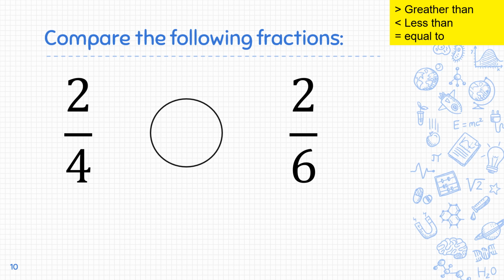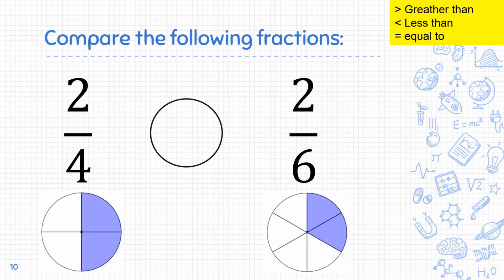Let's compare 2/4 and 2/6. And in here we also have on the right corner the meanings of each one of the signs for you to remember. So let's draw a diagram for each one. There we have a diagram for 2/4 and a diagram for 2/6.